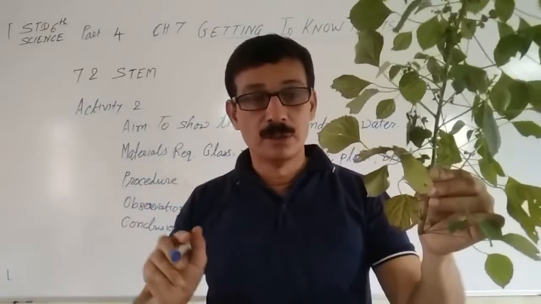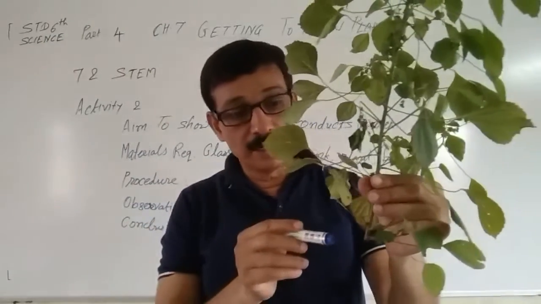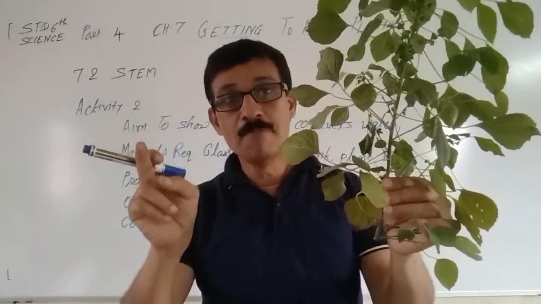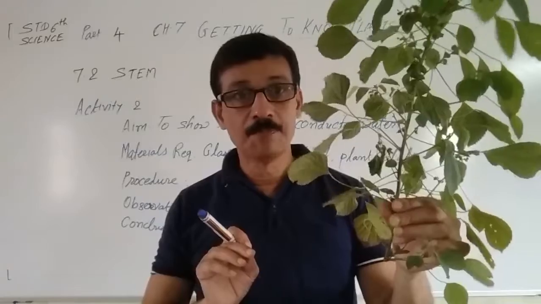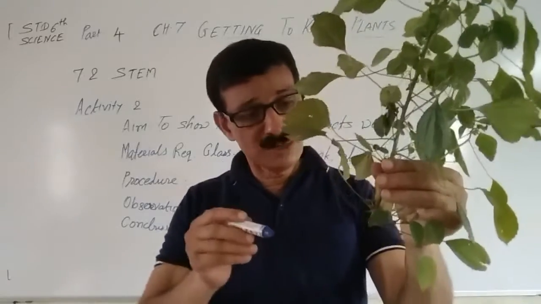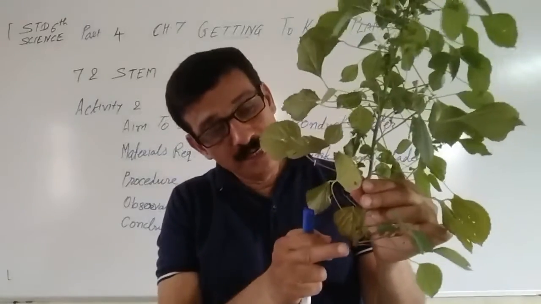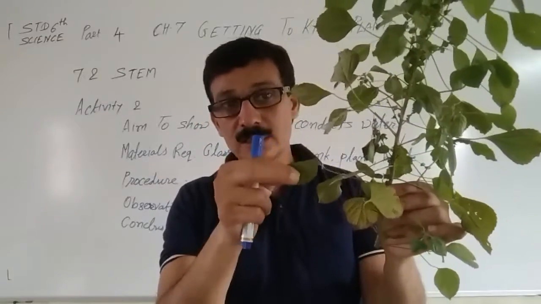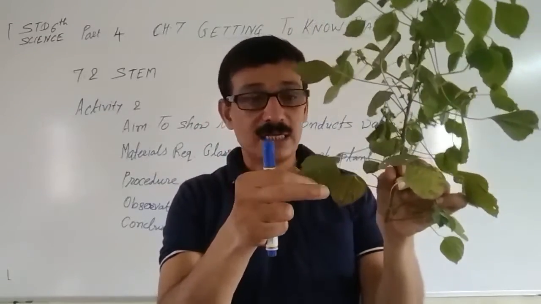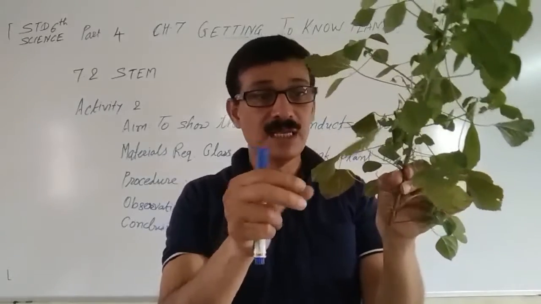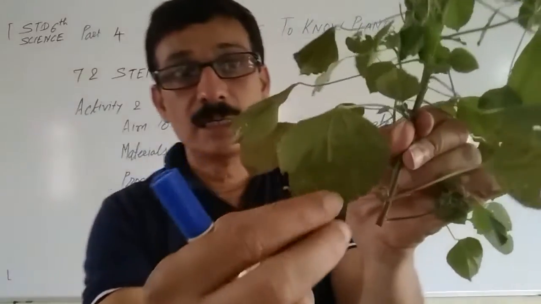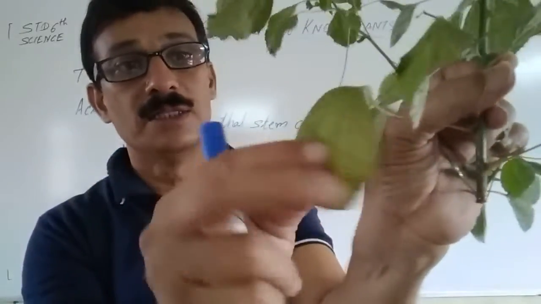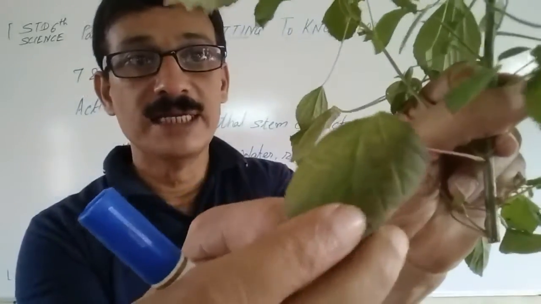From the root, the water is conducted by the stem to all the parts of the plant. So here also you can see, from here this red water was conducted to these leaves, and hence we can see these leaves with red spots. Here also you can see some red spots.